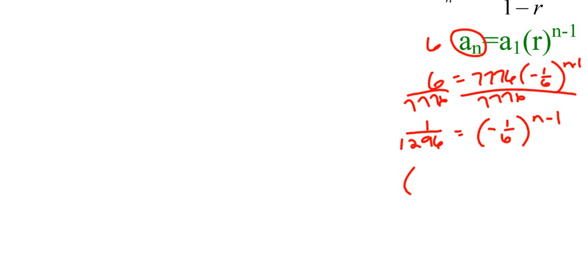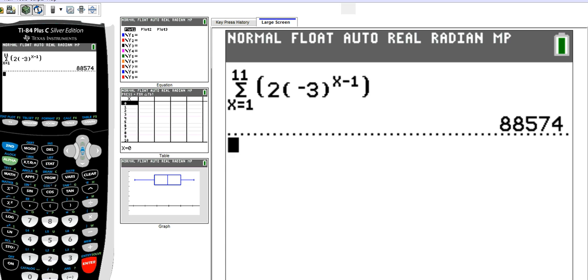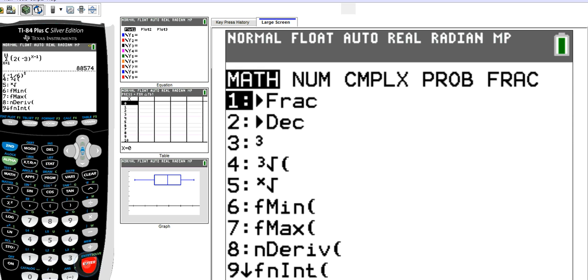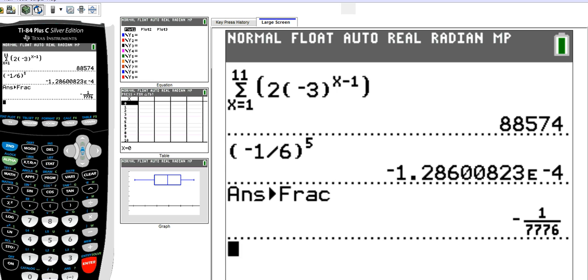I'm going to try to find common bases again. So -1/6 to some power, I'm hoping. I'm just going to raise it to the 5th and see what happens. Too big, so I'm going to try the 4th.